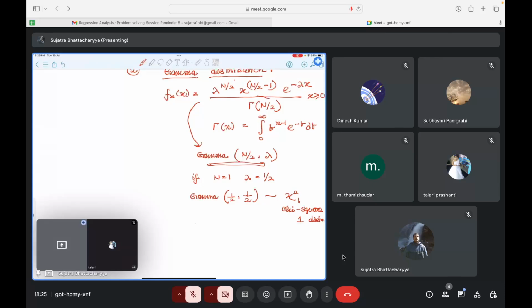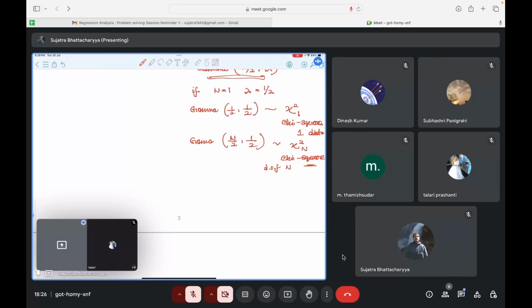Similarly, if you write gamma of n/2 comma half, that is, in this expression you put lambda equal to half, that becomes your chi-square n distribution. The 1 and n are nothing but the degrees of freedom of the chi-square distribution. So all are chi-square distributions, but with degrees of freedom n. This is another thing I wanted to show you.